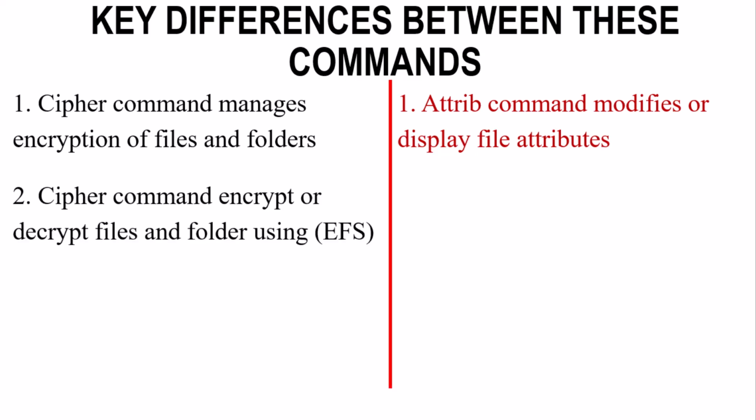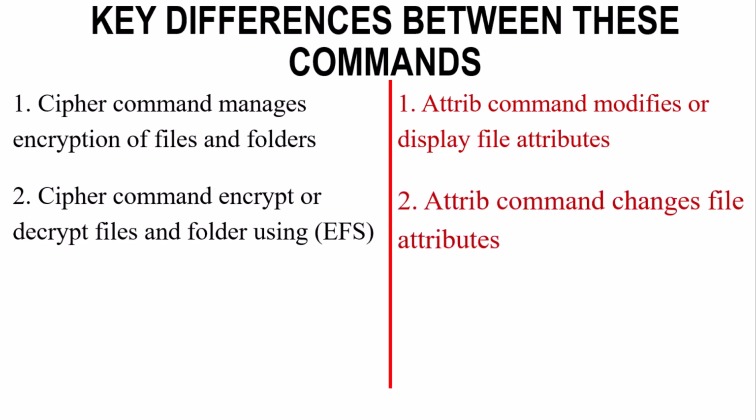When it comes to the Cipher command, this encrypts or decrypts files and folders using the EFS of your computer system. And when we say the EFS, this means encrypting file system. So the Cipher command uses the encrypting file system of your computer to encrypt and also decrypt your files and directories. When we move to the Attribute command, this changes the file attribute as well.